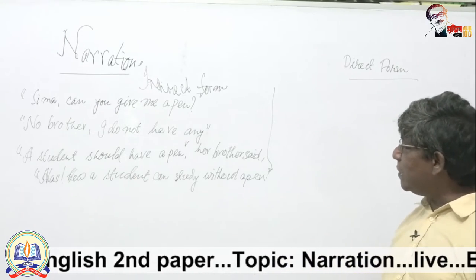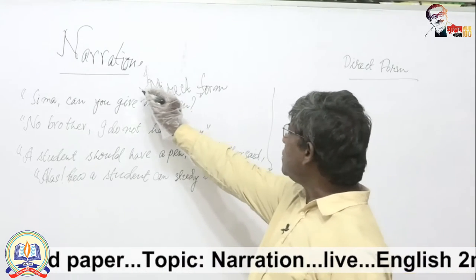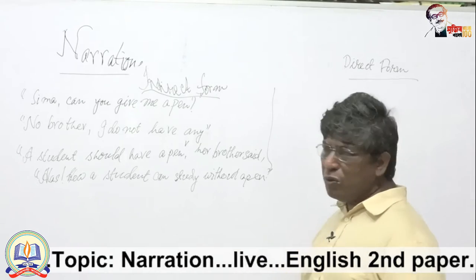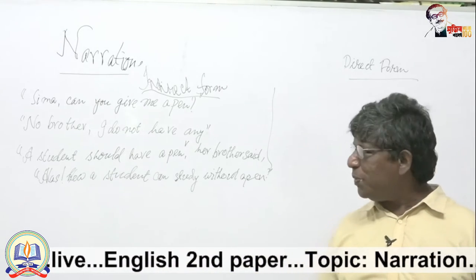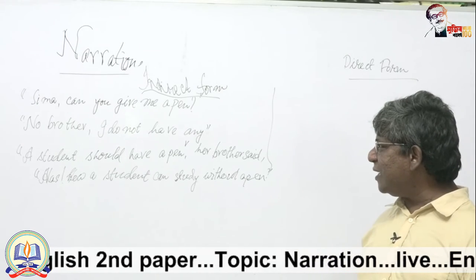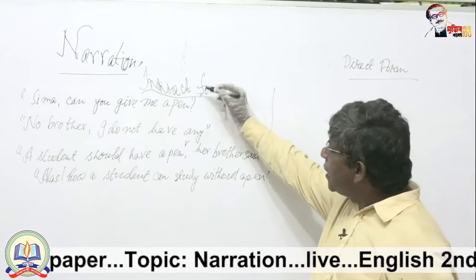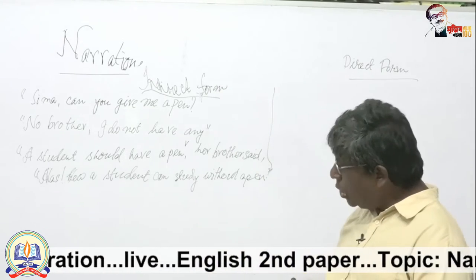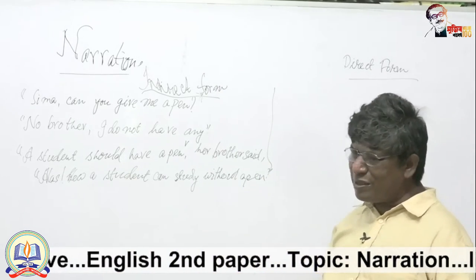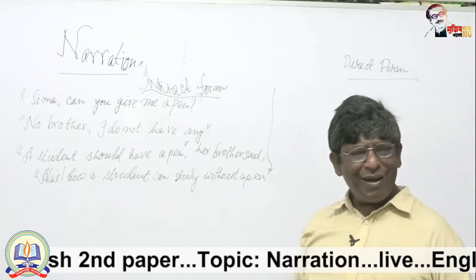So, when you are asked to make such a change, you need at first to identify the speaker. Who are the speakers here? We get the passage beginning with a sentence inside a quotation mark.